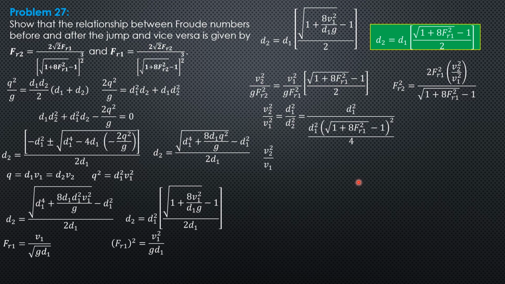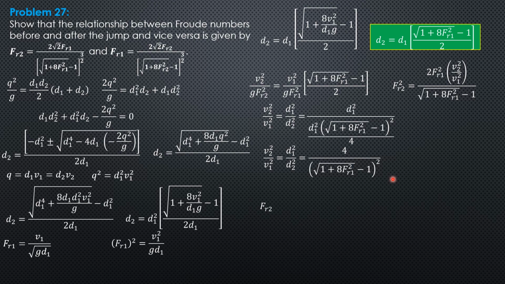So v2 square over v1 square equals d1 square over d sub 2 square equals 4 after we cancel d1 square over quantity square root of 1 plus 8 fr1 square minus 1 quantity square.